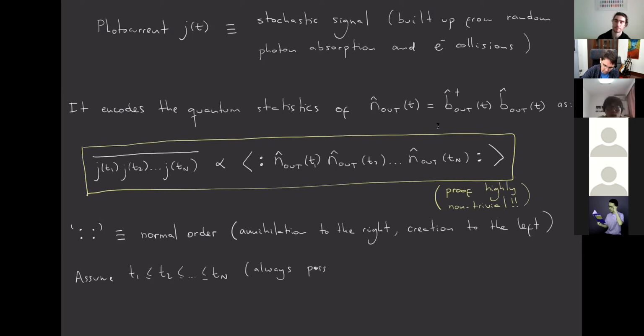This is always possible because I remind you that the output operators at different times commute, right? So if you don't have them in chronological order, you just reorder them. In particular, if the number operators are not in chronological order, then you just reorder them because they commute.